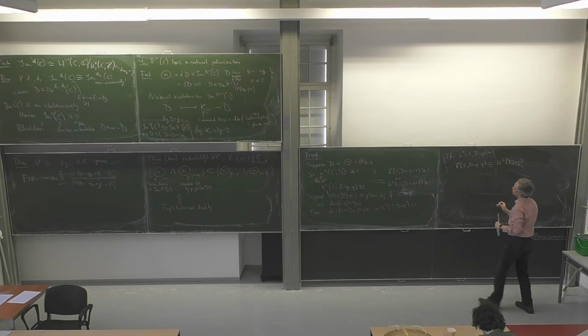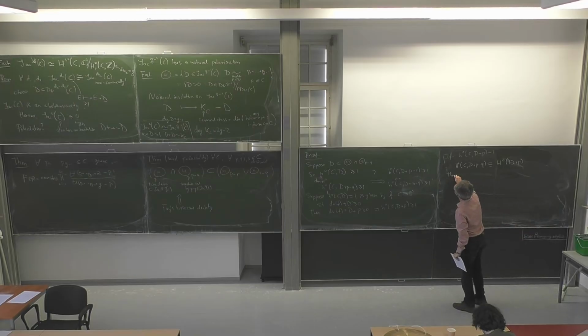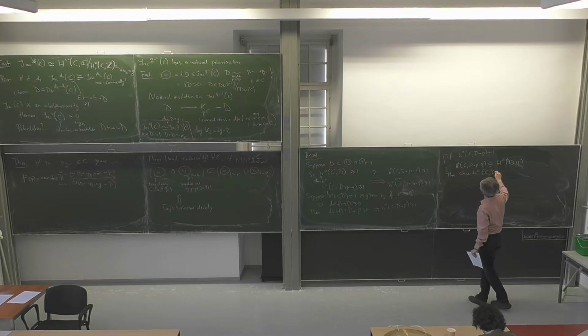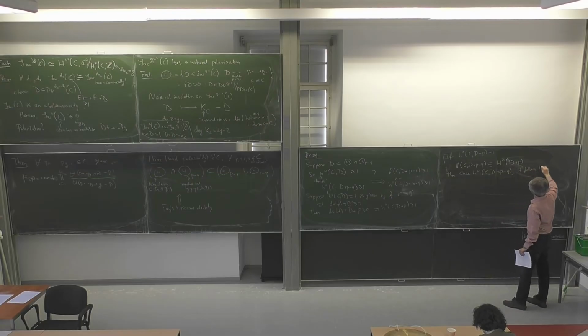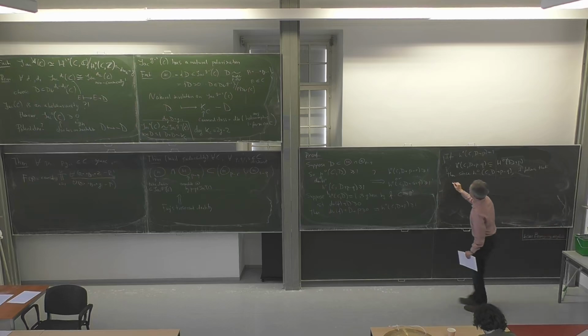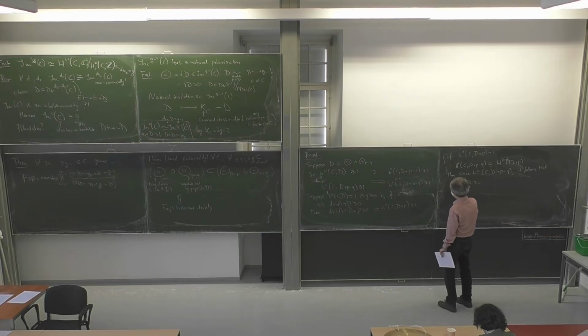If this is 1, then since this H0 is also 1, it follows that the divisor of f plus D is greater than or equal to 0. The divisor of f plus D plus P minus Q is greater than or equal to 0. The divisor of f plus D plus P is greater than or equal to 0.